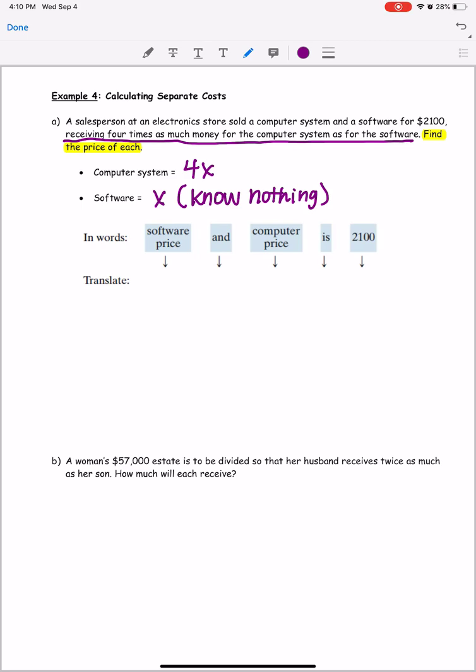So because I know that we sold them both for $2,100, add them up, so that'll equal $2,100. So my software price is X. My computer price is 4X. And we know that needs to equal $2,100.